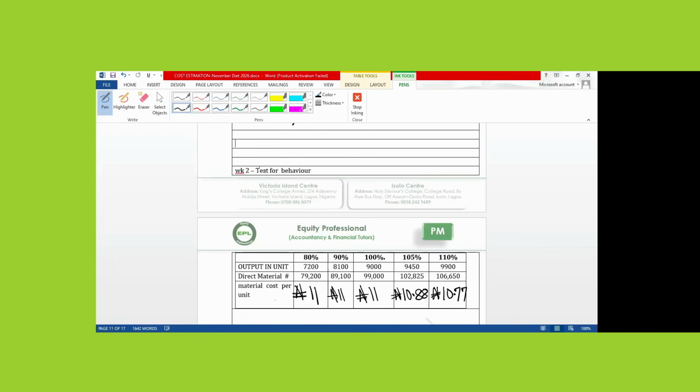Your quantity is now above 100% purchase. That will now reduce your material cost per unit.